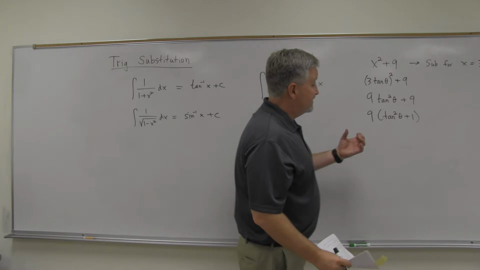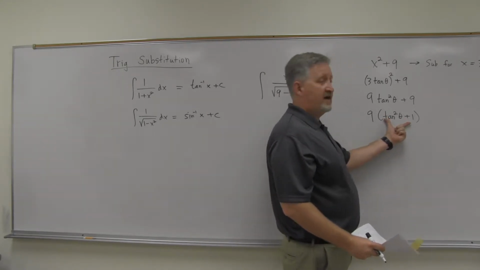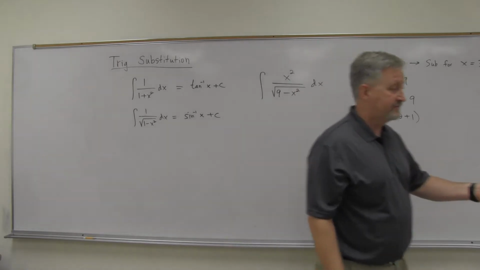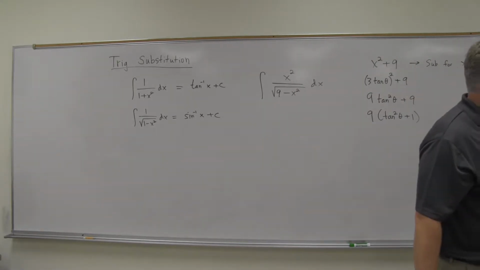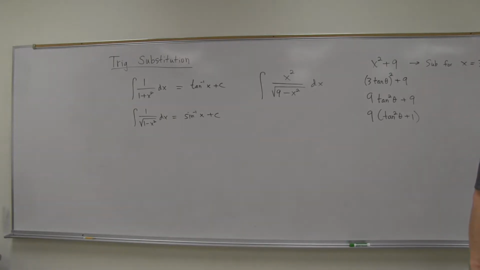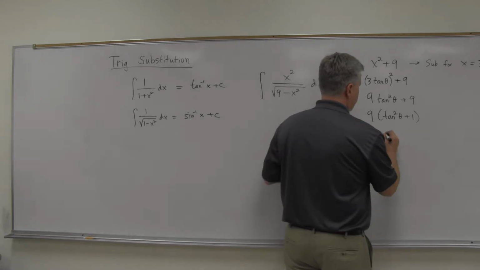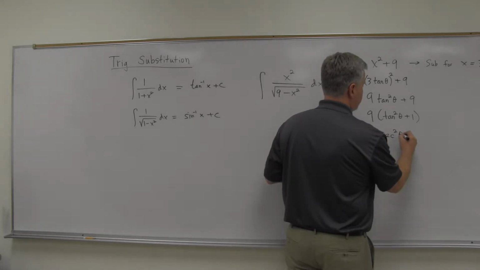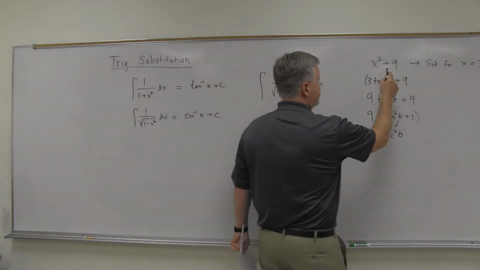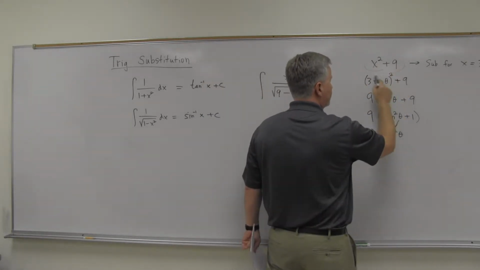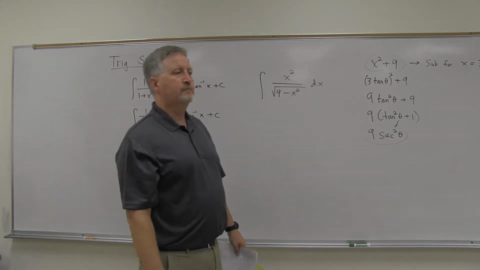The beauty of this, and the reason we did tan theta, is that tangent squared plus 1, if you remember your trig identities, is secant squared theta. So that was what we were trying to do. We went from 2 terms down to 1 term.